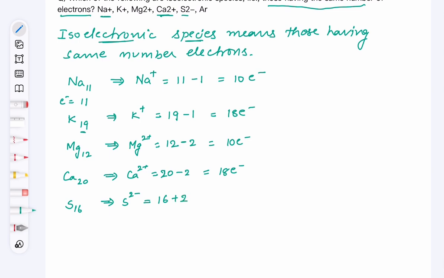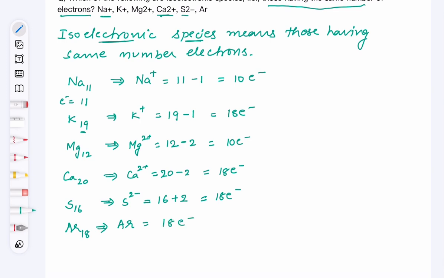When the charge is plus, that many electrons are lost, but here in sulfur you have minus 2, so it gains 2 electrons, and the total number of electrons in the sulfide ion is 18. Last is argon. Argon is a neutral atom given to you here, with atomic number 18. Argon will have 18 electrons.